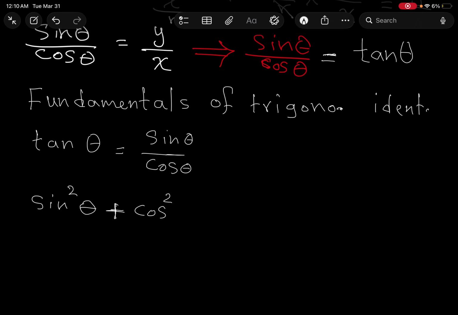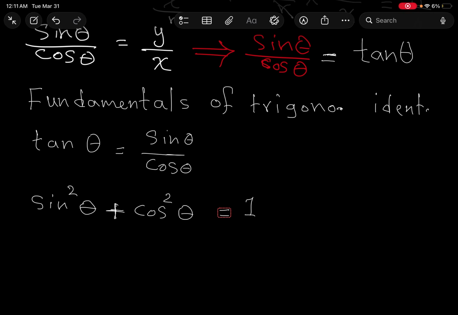Sine squared theta plus cosine squared theta equals 1. And you have this formula again in 12th grade. So how can I find cosine squared theta and sine squared theta in this equation? Consider this formula as an equation.